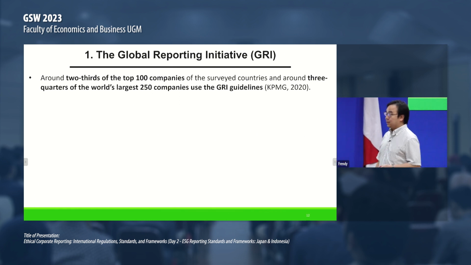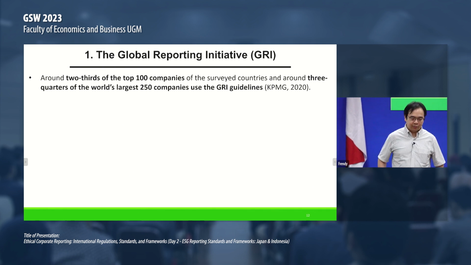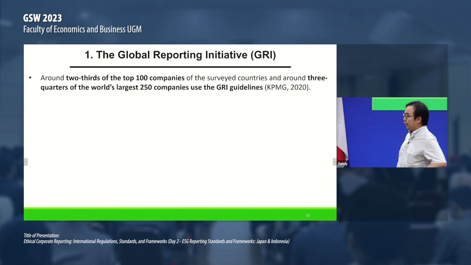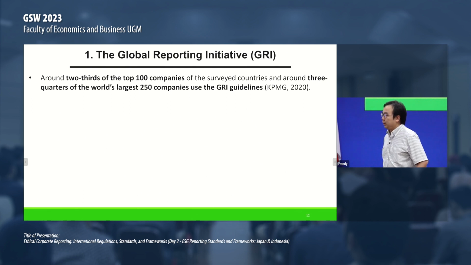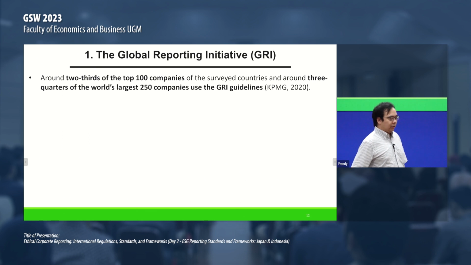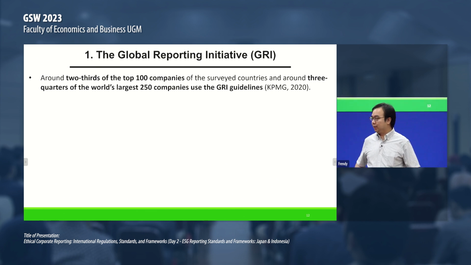As shown by the statistics, almost 2/3 of the top 100 companies surveyed use this standard. Okay, not just in particular countries, but in the world. Okay, 3/4 of the 250 largest companies in the world use GRI.